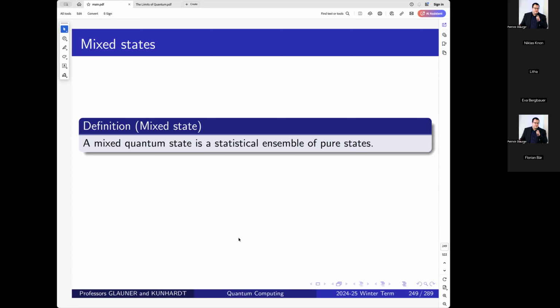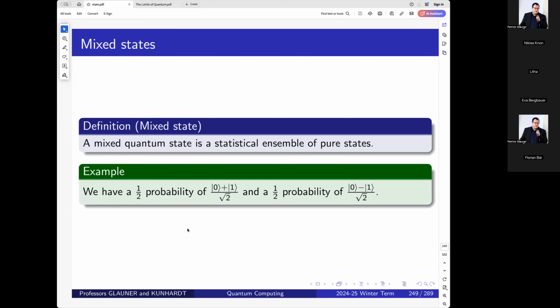A mixed quantum state is a statistical ensemble of pure states. So if you have multiple pure states, you put probability theory on top, and then you have this ensemble, and you have a so-called mixed quantum state. We'll first do a little bit of theory, what mixed states are exactly and how they work, and then we'll look at why they are relevant to quantum computing.